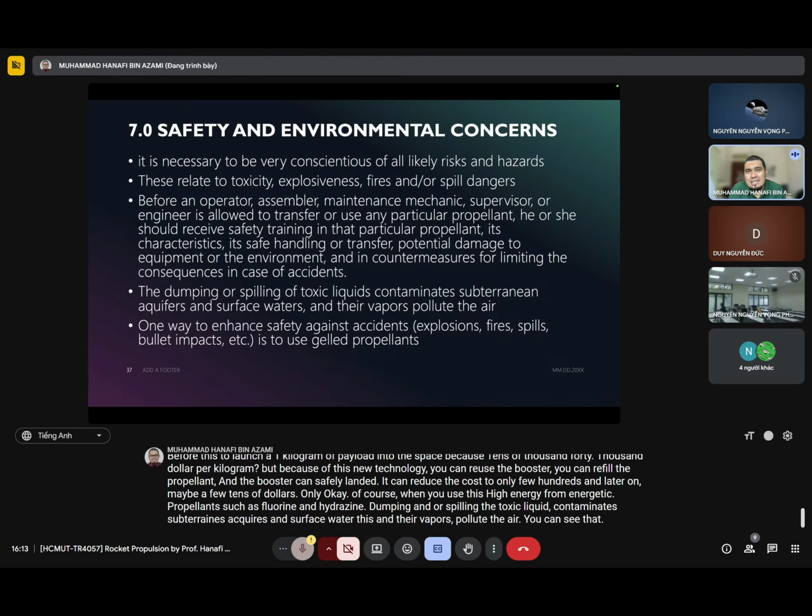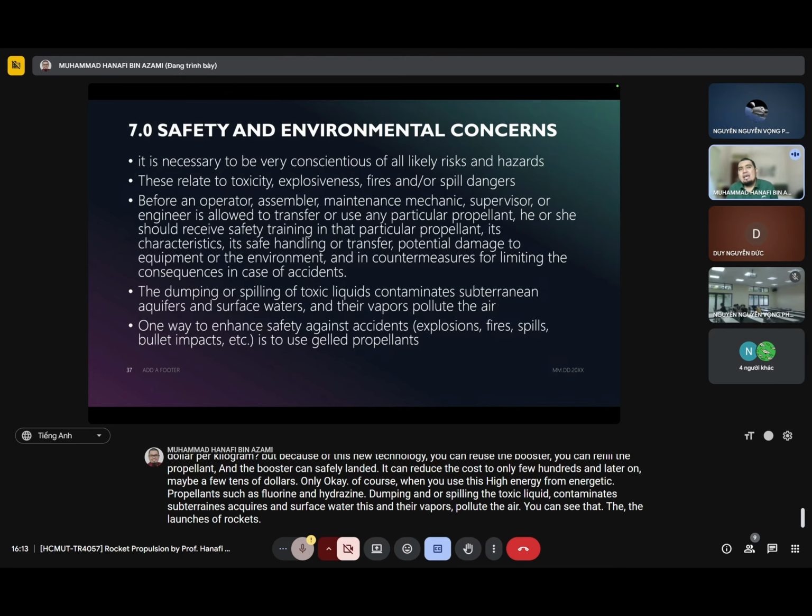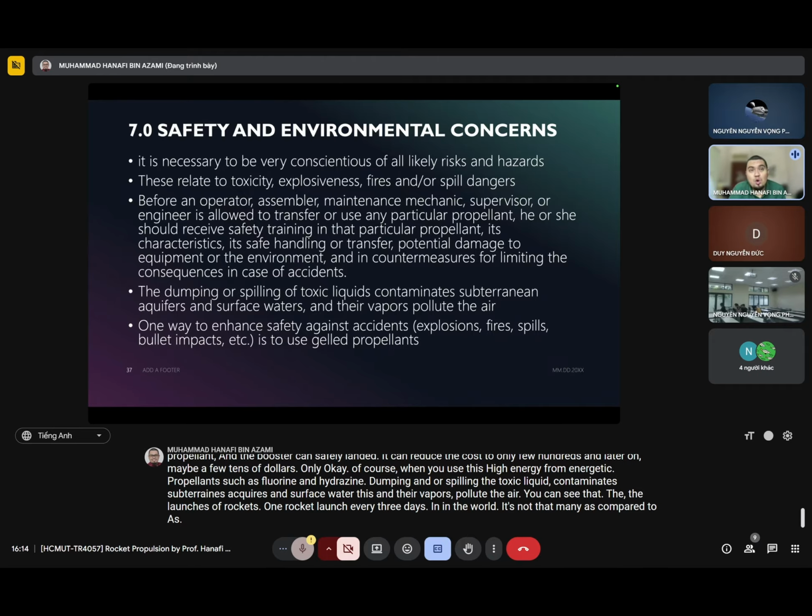You can see that rocket launches, one rocket launch every 3 days in the world, are not that many as compared to commercial aircraft, where you have tens of thousands per minute flying into the air.